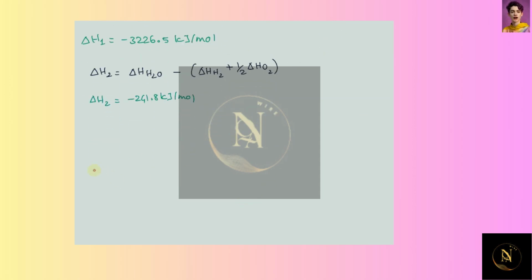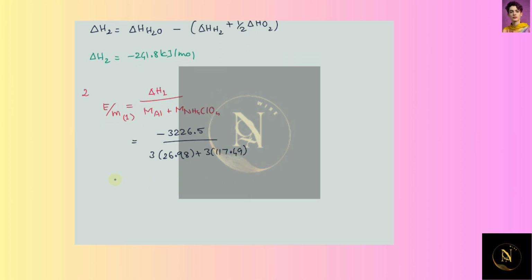Coming to the second part of the question, we have to find out the energy to mass ratio. For the first equation, it is the del H of reaction 1 divided by the molar mass of aluminium plus the molar mass of ammonium perchlorate. Now we are going to substitute the values according to the equation, that is minus 3226.5 kilojoule per mole, as there are 3 aluminum present in the equation, 3 into 26.98 plus 3 into 117.49.